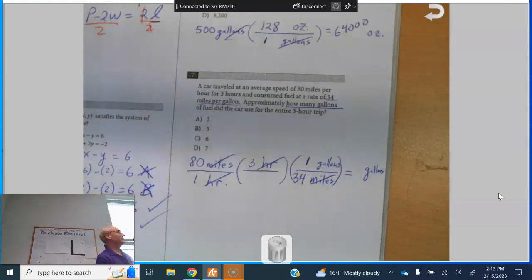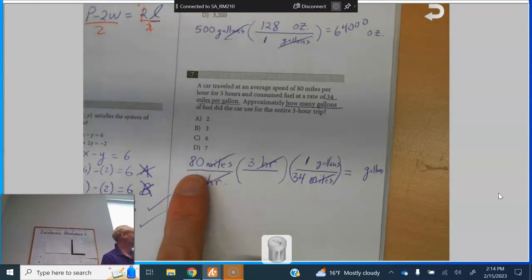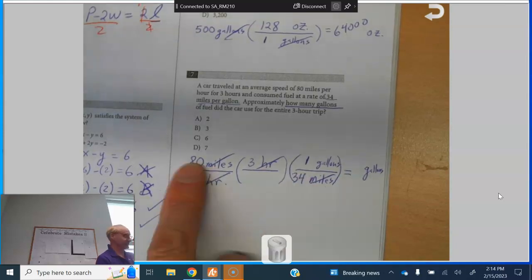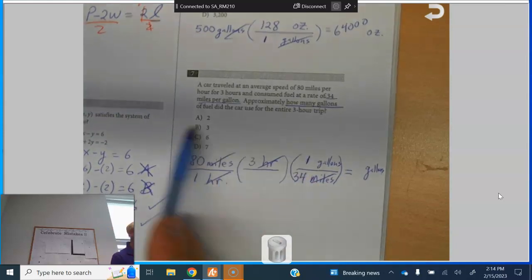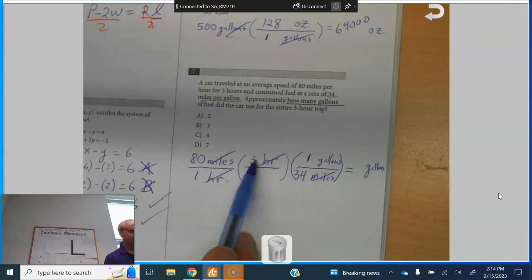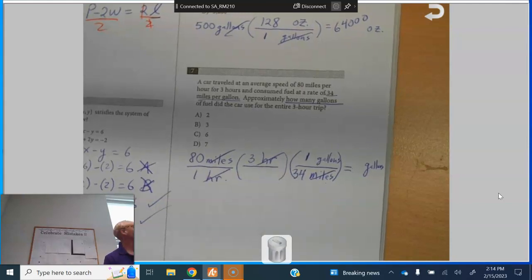I know some of you who are familiar with figuring out mileage are going to be able to do this without even thinking about it. It's just going to be really obvious. But for the people who don't have a lot of practice with working out mileage or something, this does make it easier. It's 240 divided by 34. What'd you get?